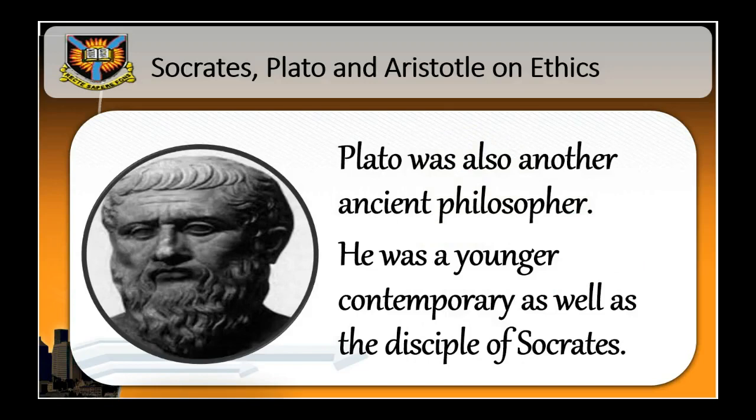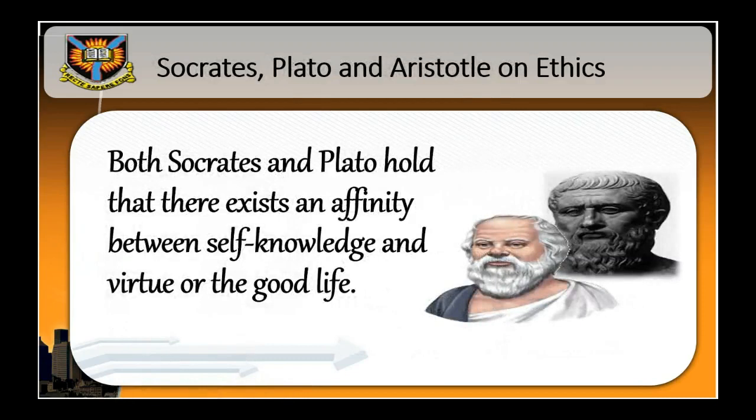In view of the foregoing, it is difficult to separate the ethical ideas of Socrates and Plato. Both Socrates and Plato hold that there exists an affinity between self-knowledge and virtue, or the good life.